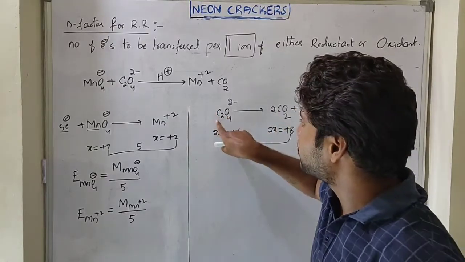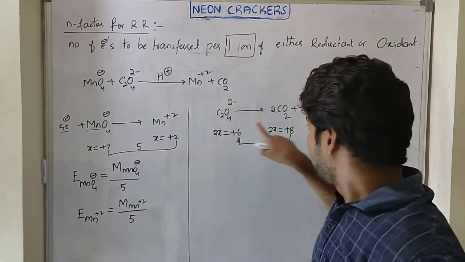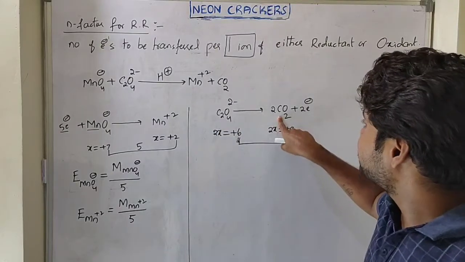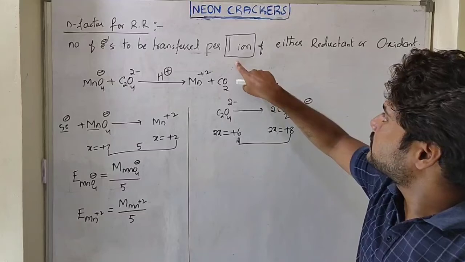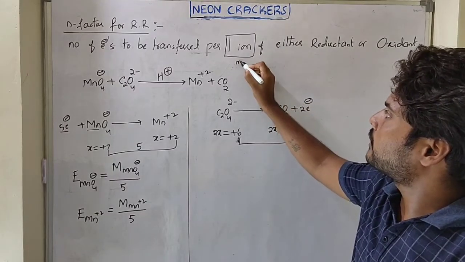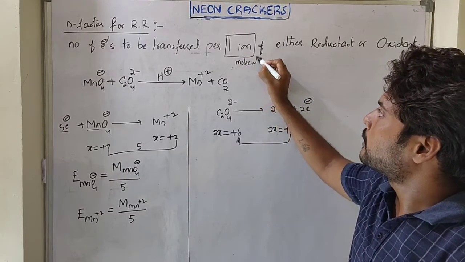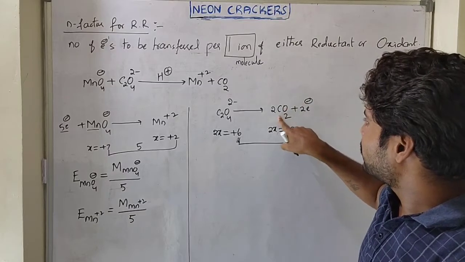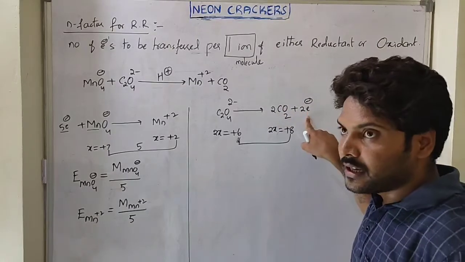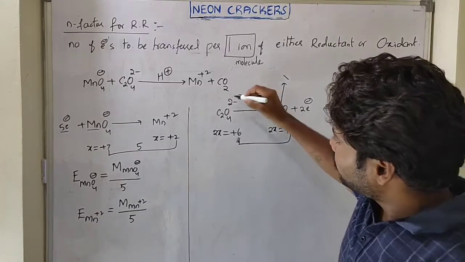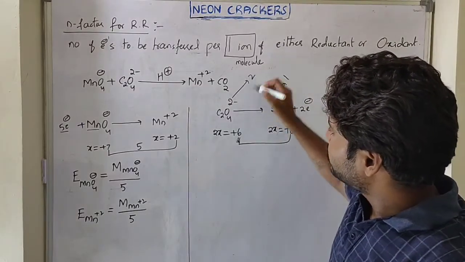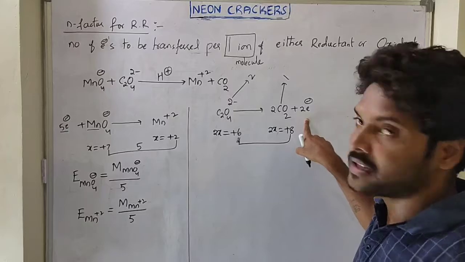That's why the n factor for oxalate is 2. But for carbon dioxide, 2 molecules and 2 electrons, but the definition is per ion or per 1 molecule, so per 1 molecule how many electrons are there? 1 electron. So the n factor for carbon dioxide is 1. But the n factor for oxalate is 2, because per 1 ion 2 electrons are there.